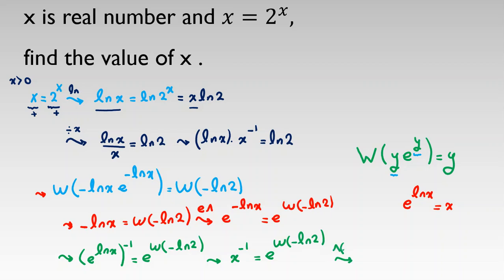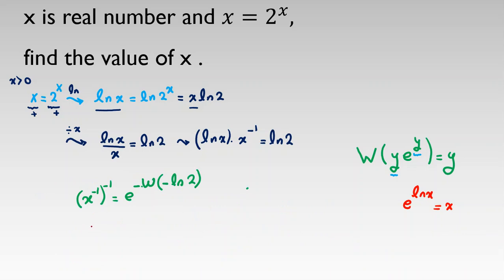Now, if we raise both sides to the power of negative 1, the left hand side will be x to the negative 1 to the negative 1, which is x.